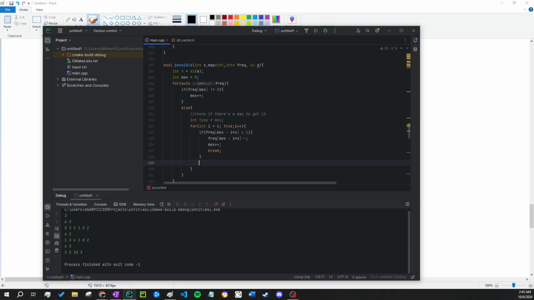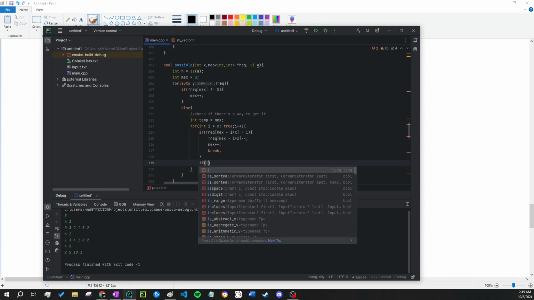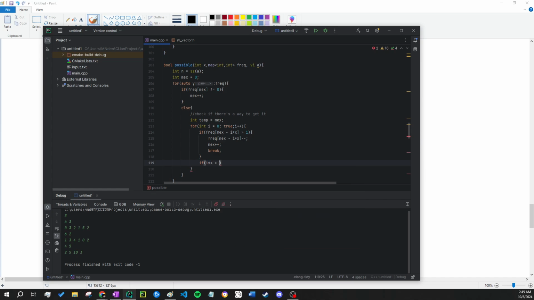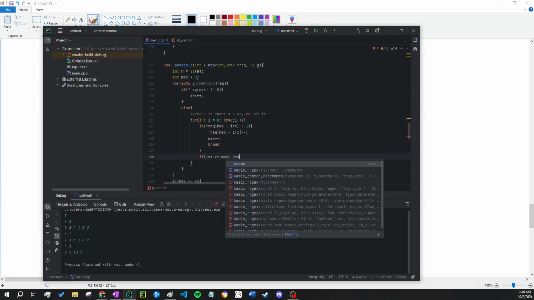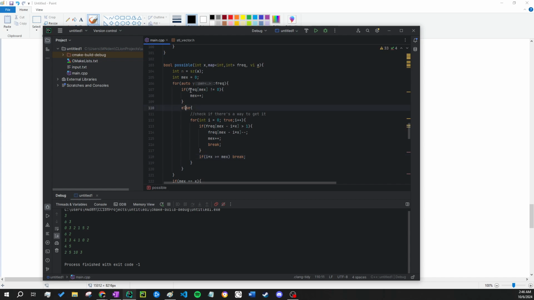Also, if i times x is greater than or equal to max, then you can break this as well.